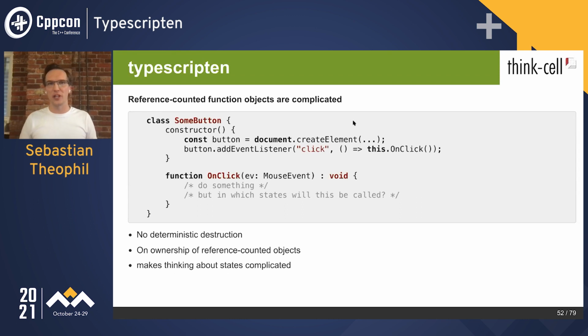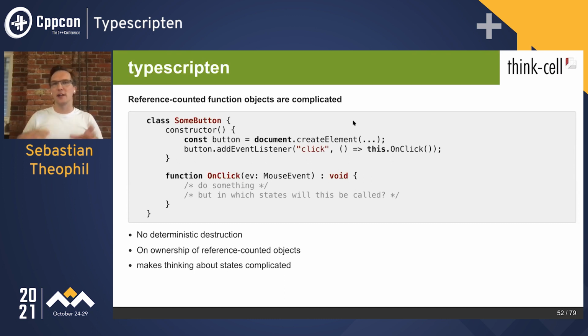And that looks super convenient, looks super simple, but it has a lot of complicated implications. So the event handler will keep alive our callback object. Our callback object will keep alive our own object, some button here in my little demo example.